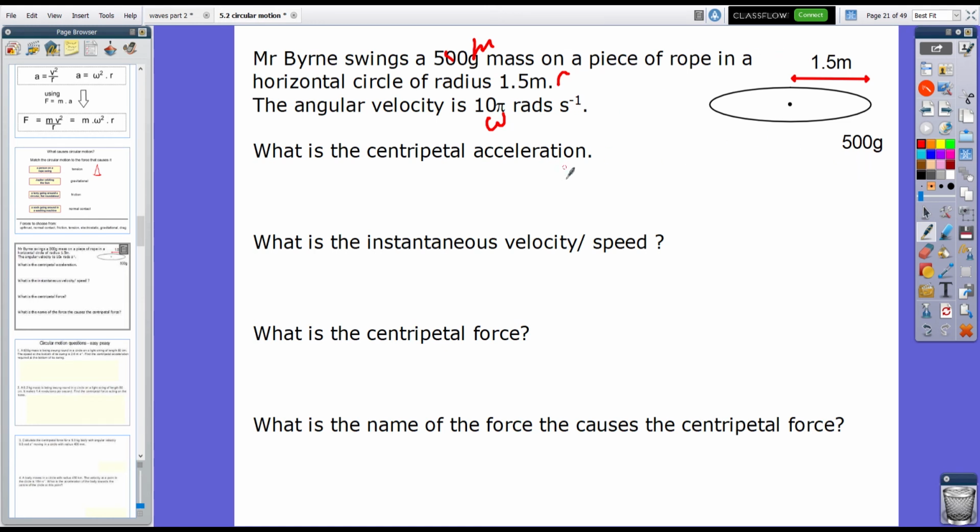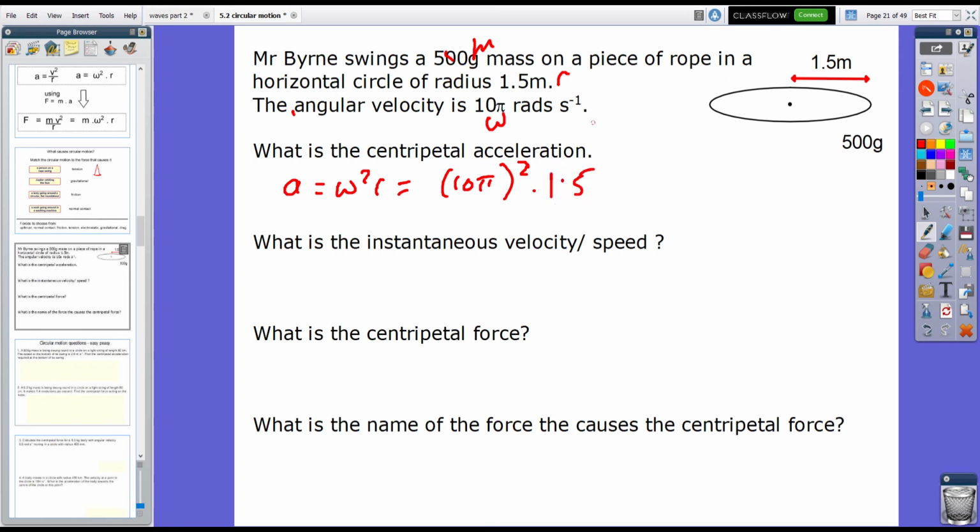What's the centripetal acceleration? Well, the formula I'm going to go for here is a equals omega squared r. So a equals (10 pi) squared times 1.5.